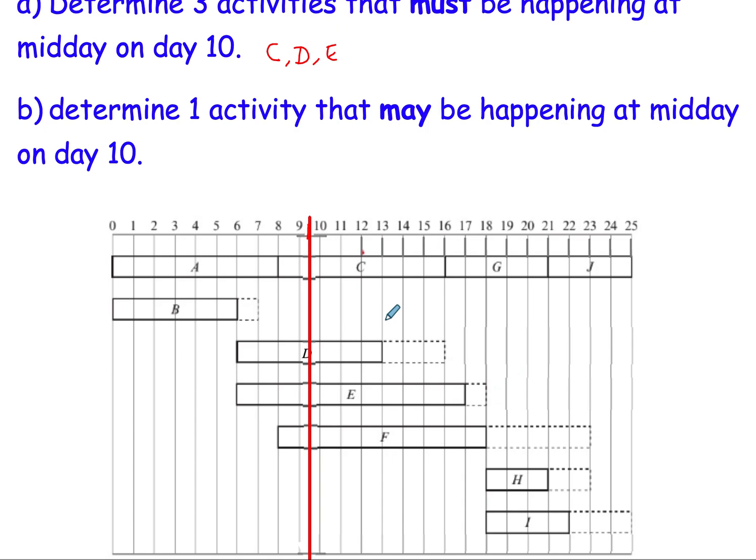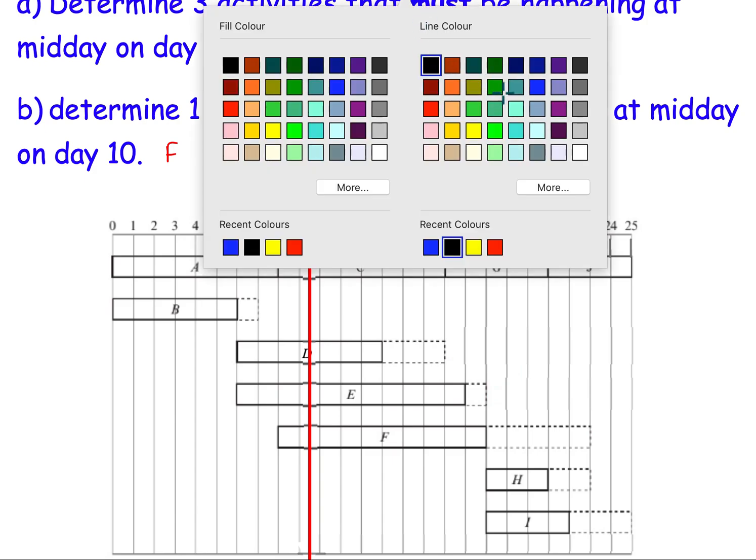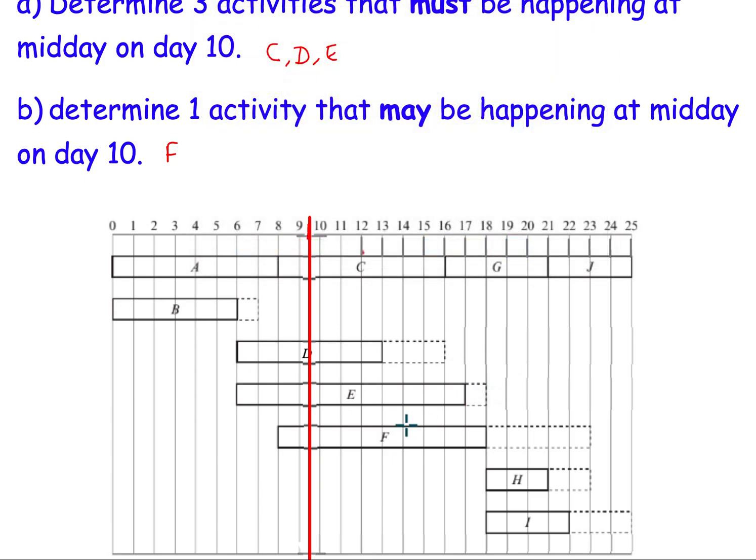However, if we look at F, F might be happening on day 10, but isn't necessarily. Because if we take F's rectangle, if I copy F's rectangle, and slide that across using the most amount of slack as possible, F doesn't necessarily have to start. The latest F can start is at midnight on day 14.